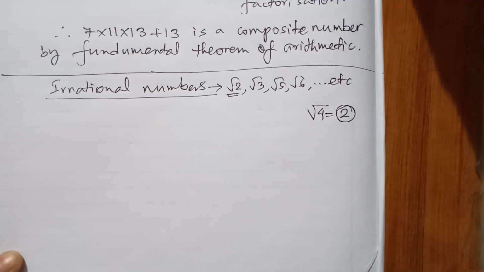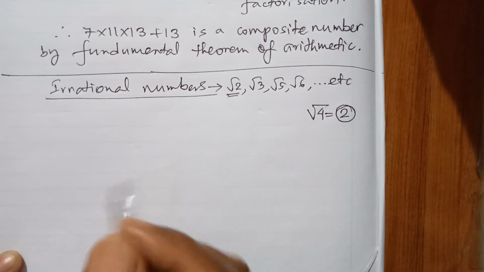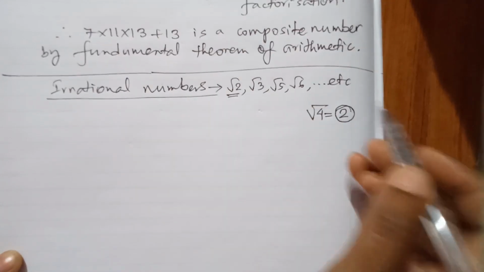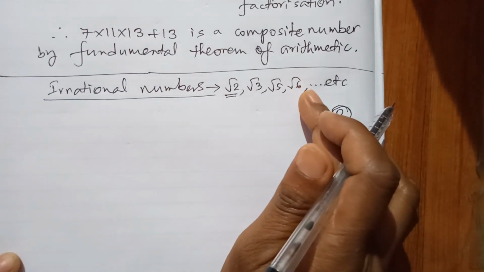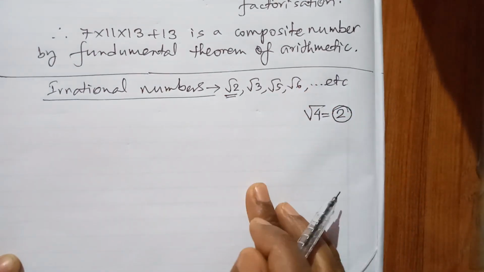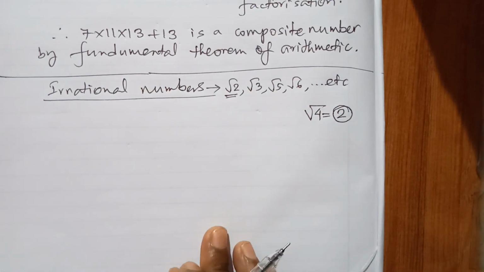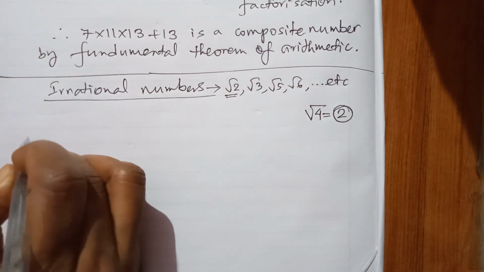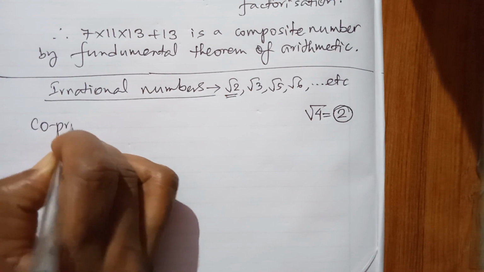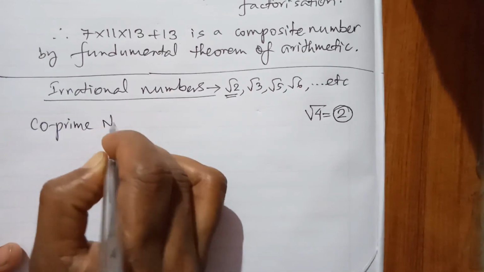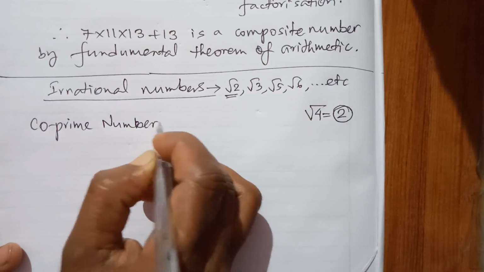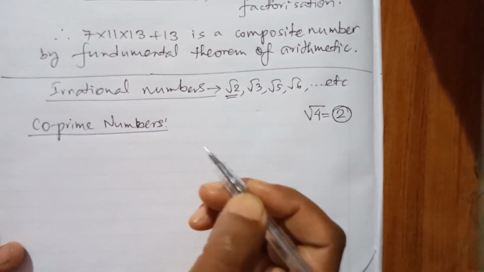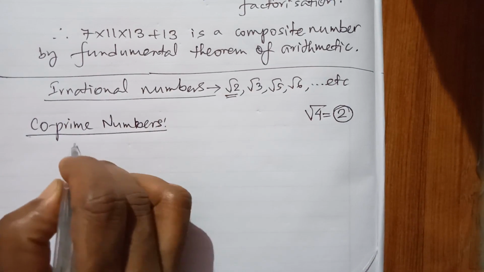Now before proving irrational numbers, some basic things you must know, like your co-prime numbers. What do you mean by co-prime numbers?